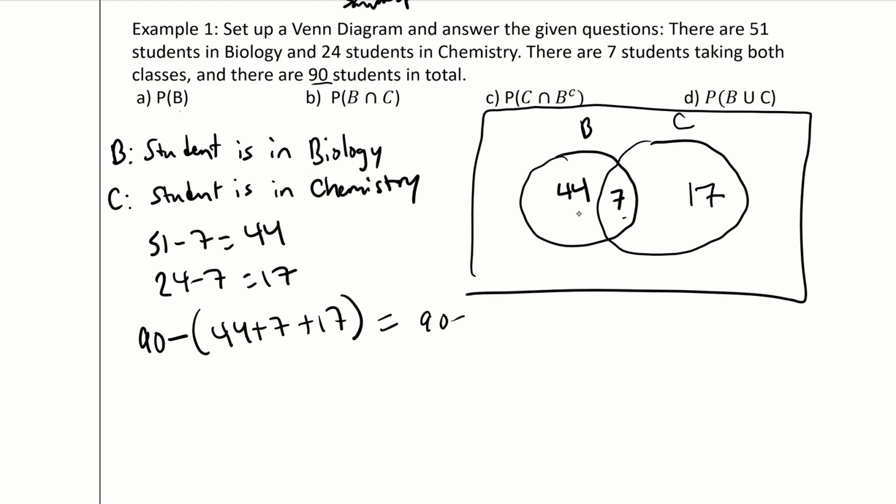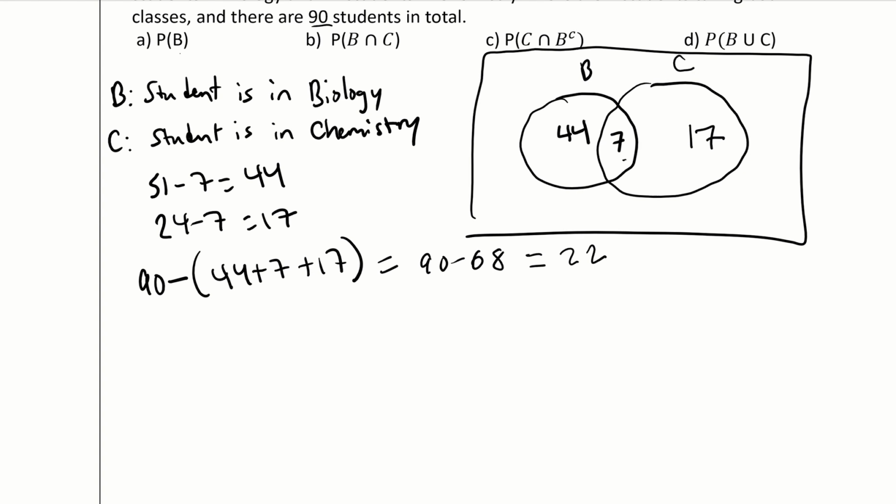So it's 90 minus 68, which is 22, if I did that math correct. Yeah. All right, so we got 22 students that are in neither. So I'm going to put that over here, 22, on the outside. And these are neither course.